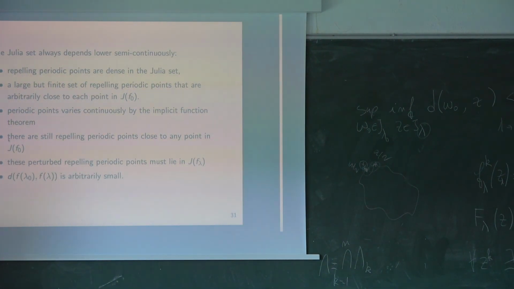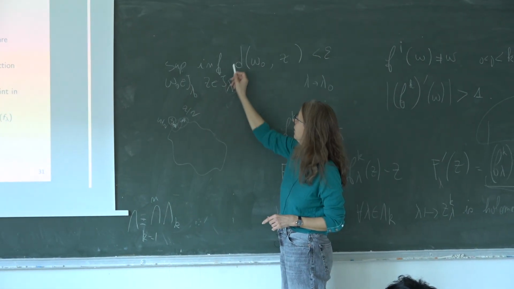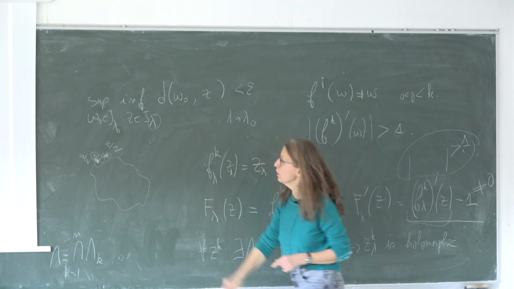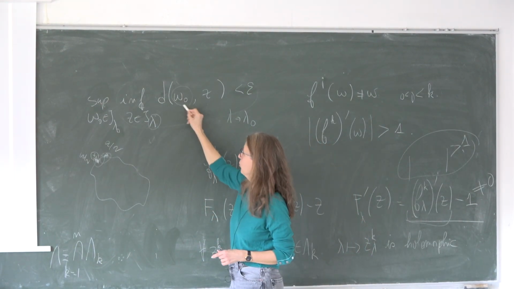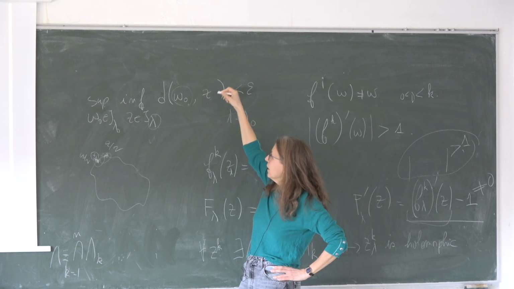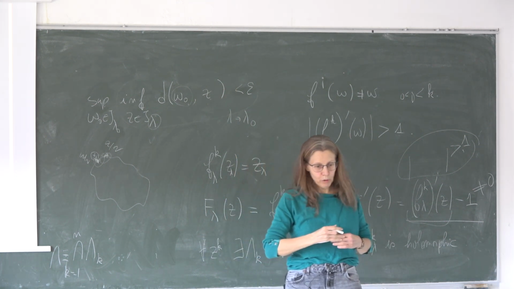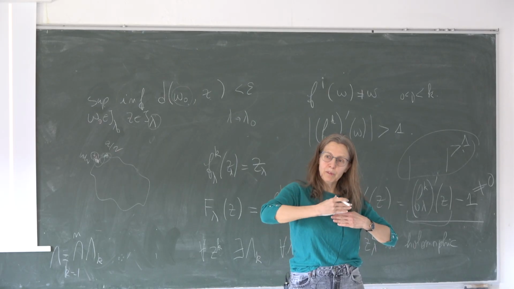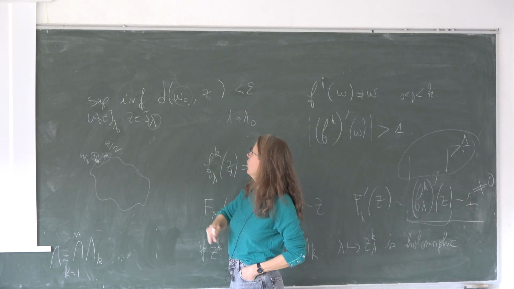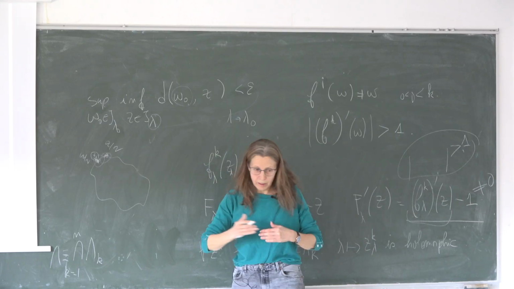So this implies, if you take the infimum, for any point w naught, you can find a periodic point which is very close to it. You take epsilon over 2, then you make this holomorphic motion, and you find a point in J lambda which is at distance epsilon over 2.